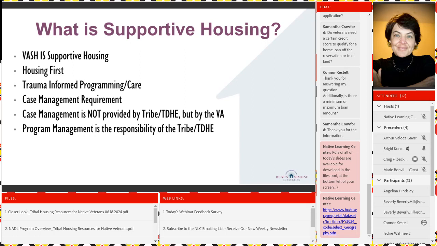But it does mean a case manager might have one goal for that person, and that might be housing stability. That case manager works with them to maintain housing, because that is what we're trying to intervene on with tribal HUD-VASH. Program management on the other end is the responsibility of the tribe and TDHE.